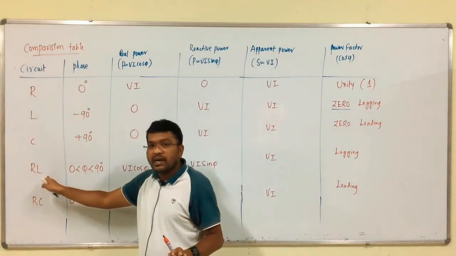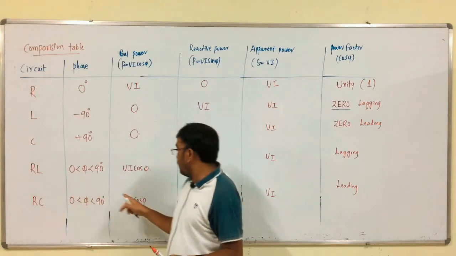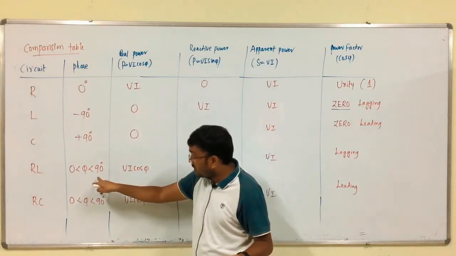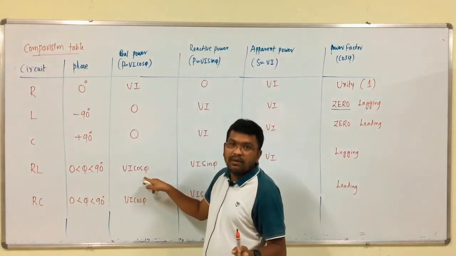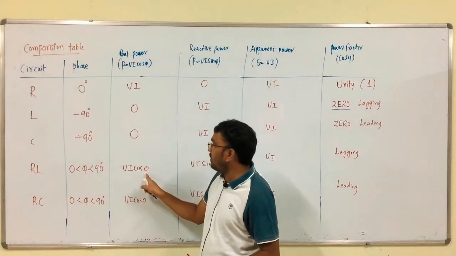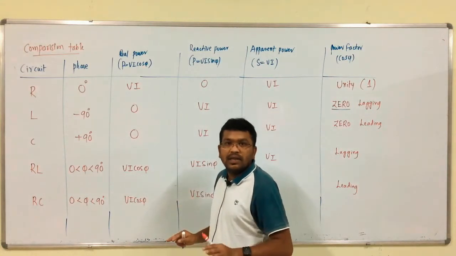This is not pure inductive, not pure capacitive. The real power is V I cos phi, calculated based upon the phase displacement. For example, if it is 75 degrees, V I cos 75, we have to calculate the value.